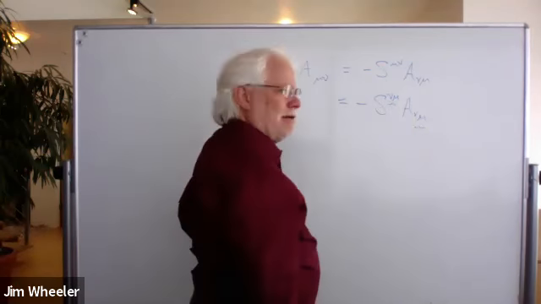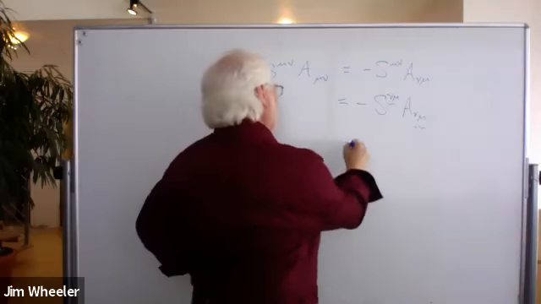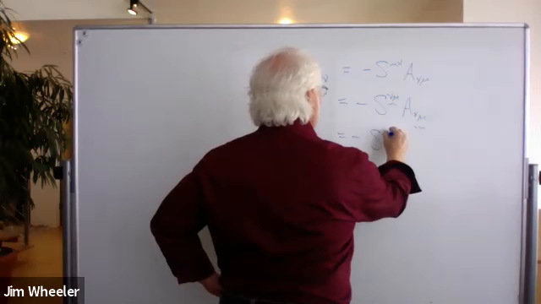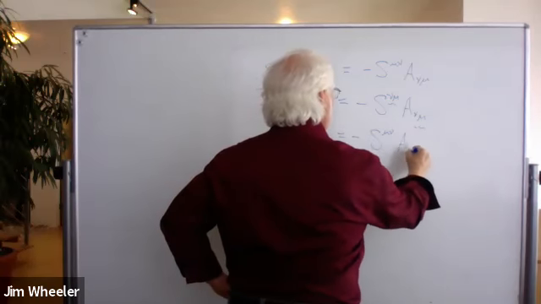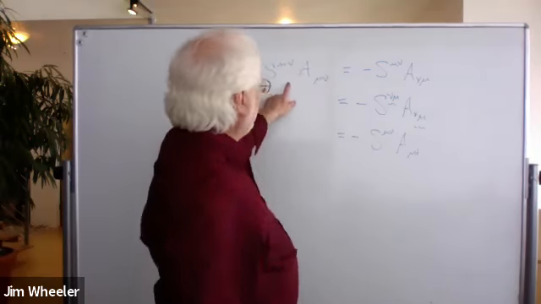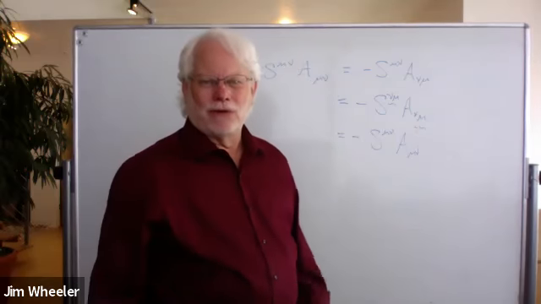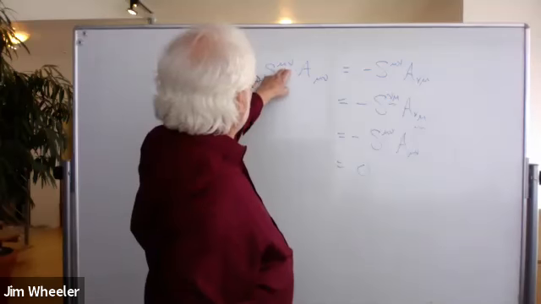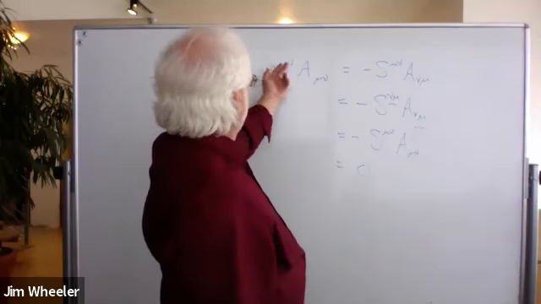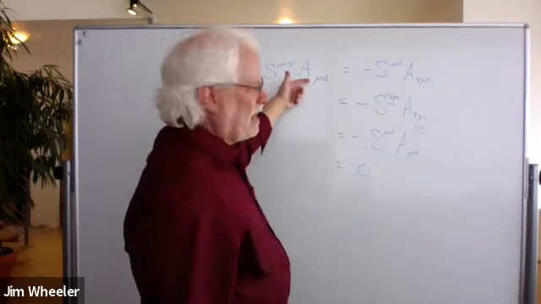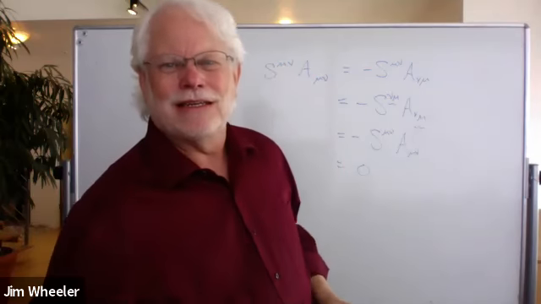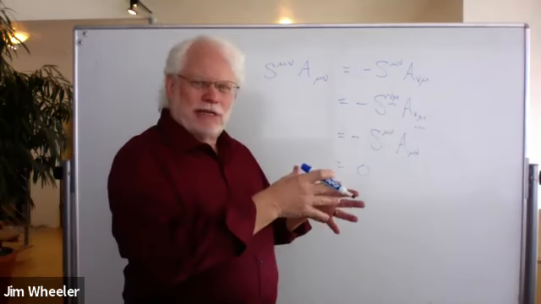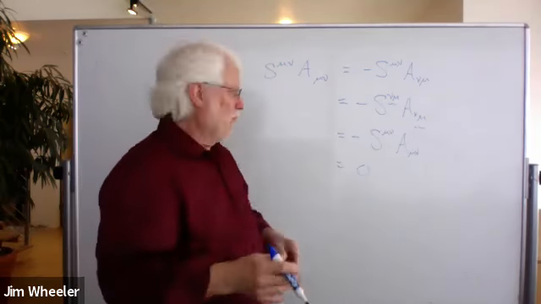And now I can rename dummy indices. So I'm going to call nu mu, and I'm going to call mu nu. Same thing. But now this thing's equal to minus itself, so it's 0. So you can think of this as, if I flip that pair of indices, that would be the trace of the product of the two. But anytime you fully contract a symmetric thing and an anti-symmetric thing, you get 0.